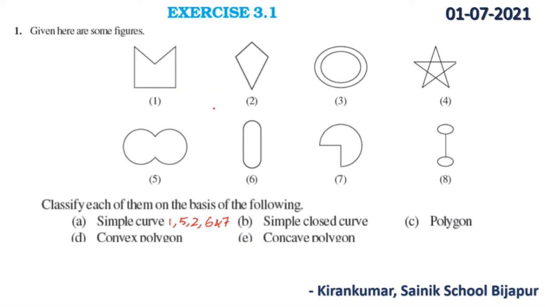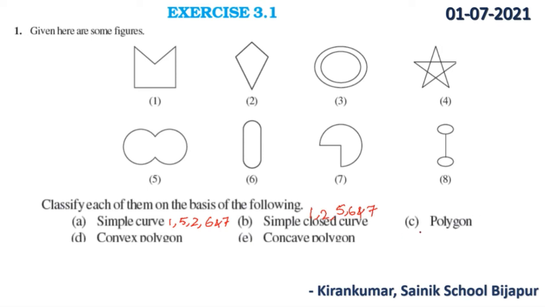You can start from one particular point and end at the same point. Simple closed curve. All these figures which are simple curves are also simple closed curves: 1, 2, 5, 6 and 7. These are simple closed curves.